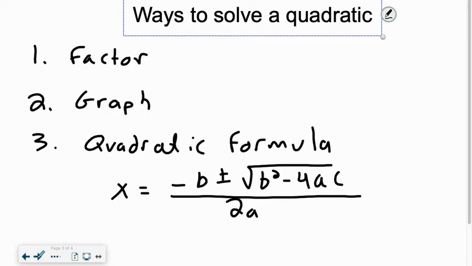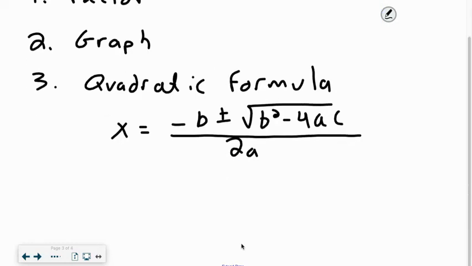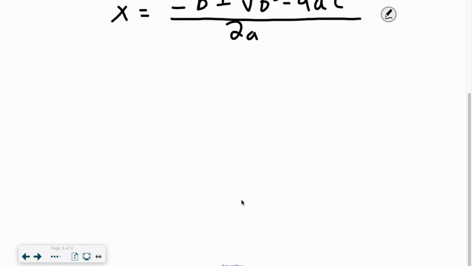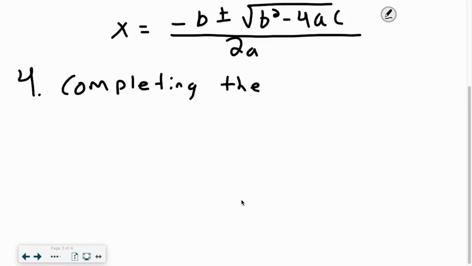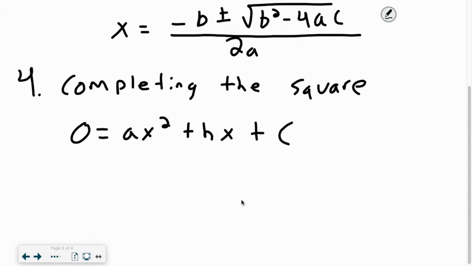And then the last way is completing the square. You have 0 equals ax squared plus bx plus c. You're going to get the c value to the other side.